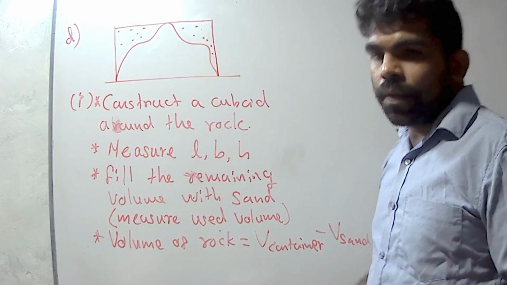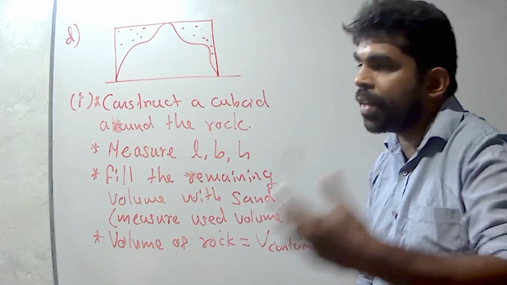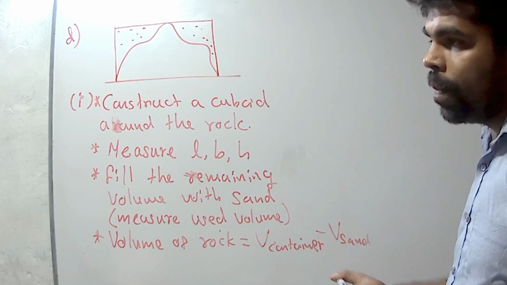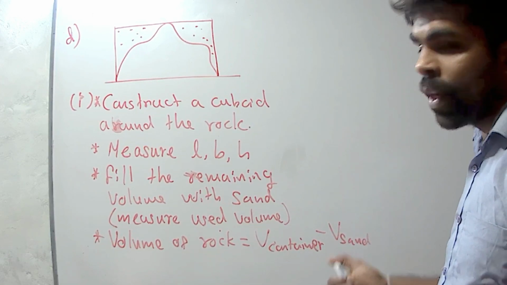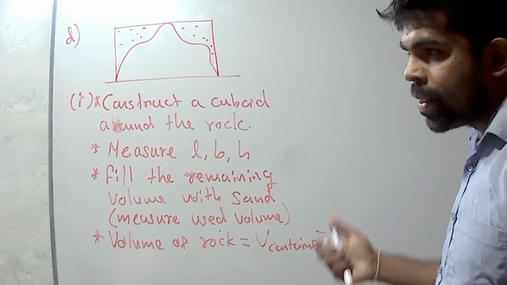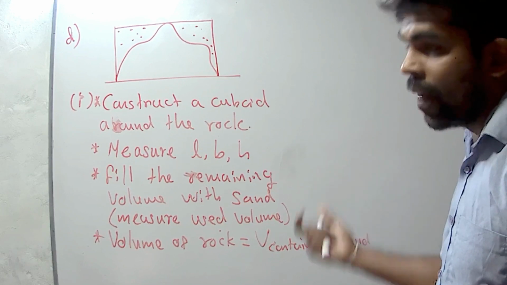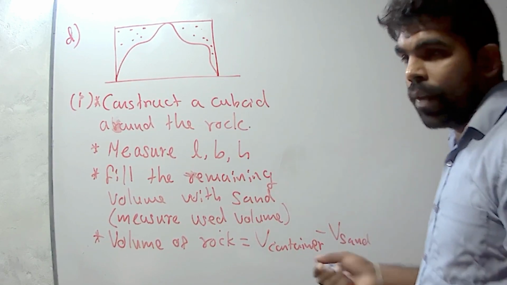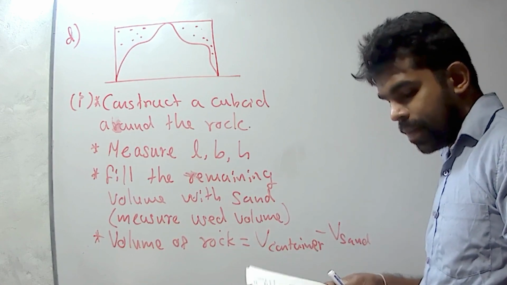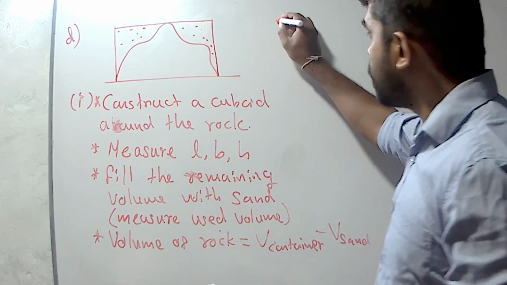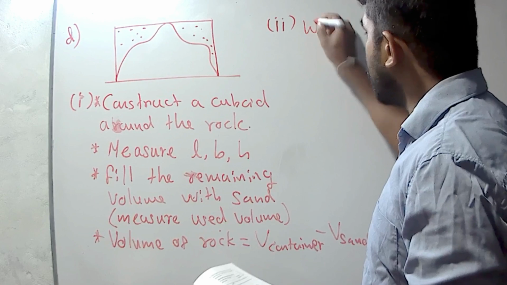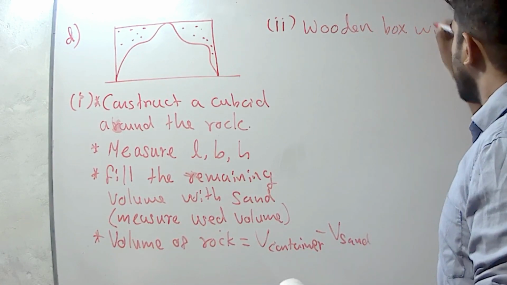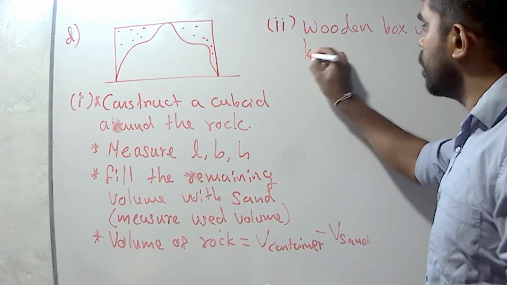Normally, we know that in the construction field, they use a wooden box with a constant volume to mix sand, cement and gravel in the corresponding ratio. We can use a box like that. Then we can write wooden box with a known volume.